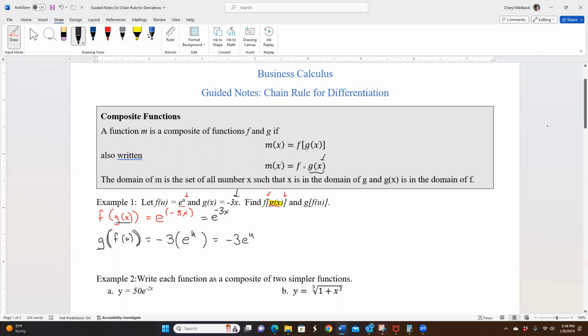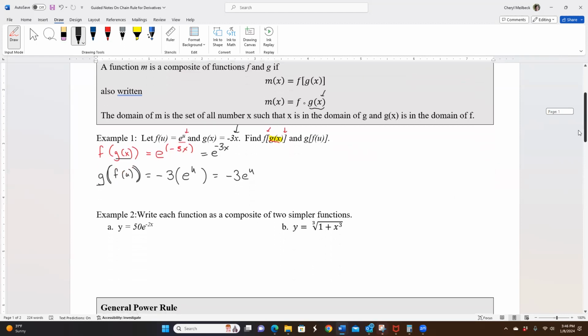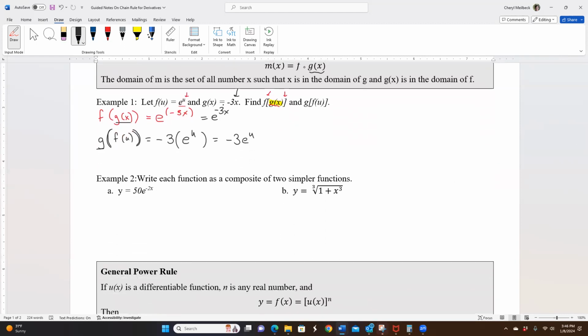Let's continue reviewing composite functions in example 2. In example 2, it says, write each function as a composite of two simpler functions. So here we're going in reverse. If I were to do this, and I was going to say y equals f of g of x, my outside function would be the 50e to the x.